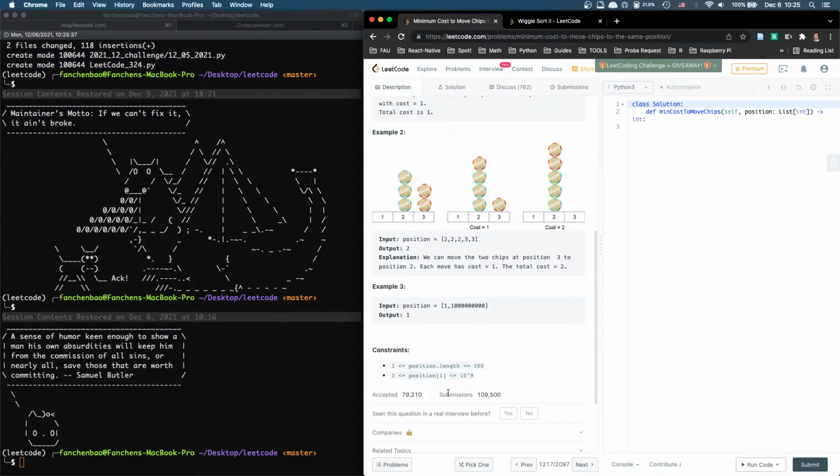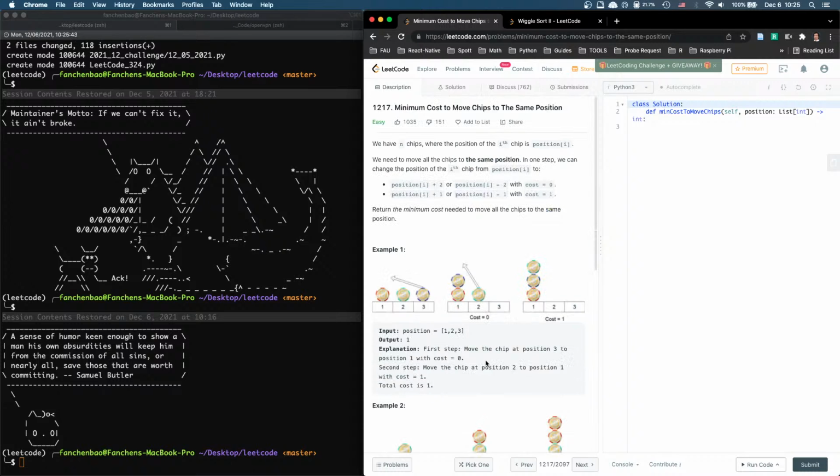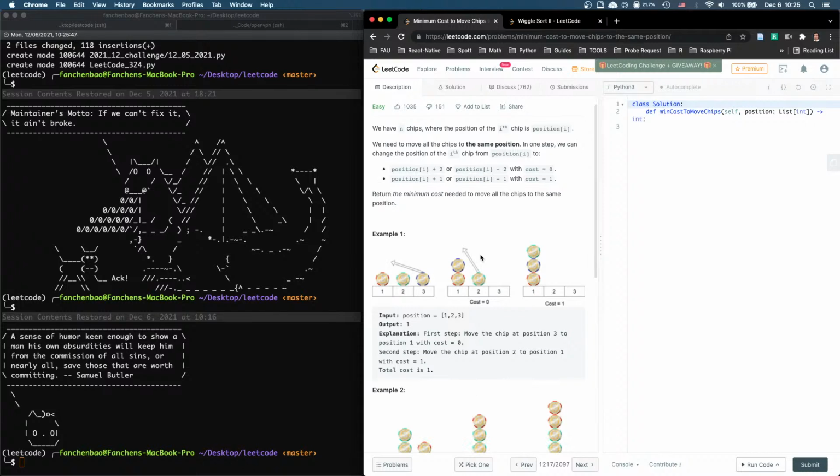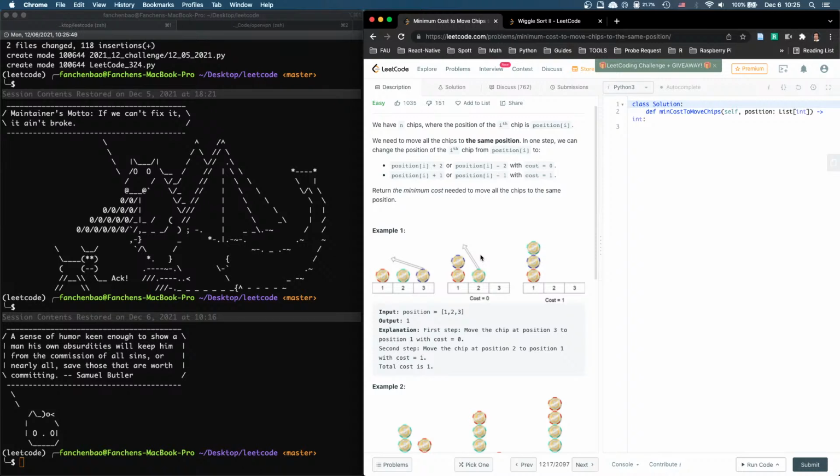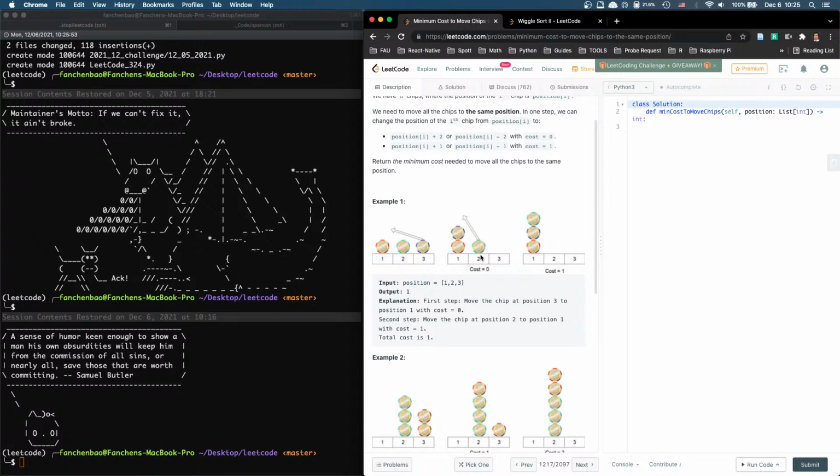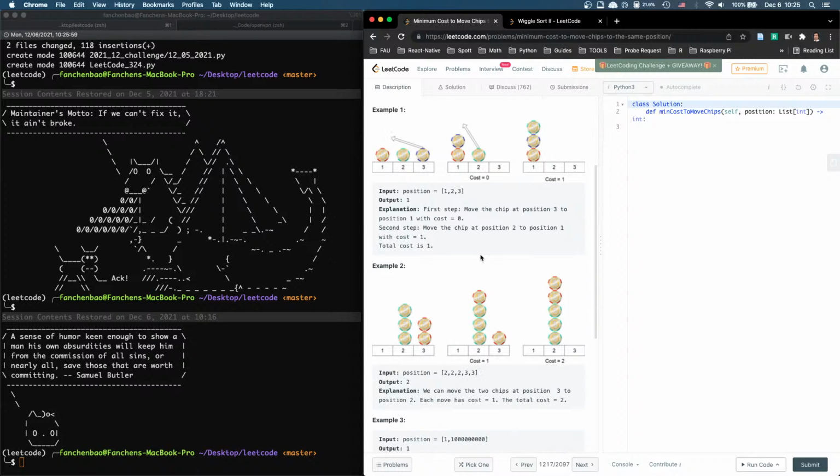Okay, so we need to find the minimum cost. Let's see, minimum cost. All the chips on even positions can go to one position easily.